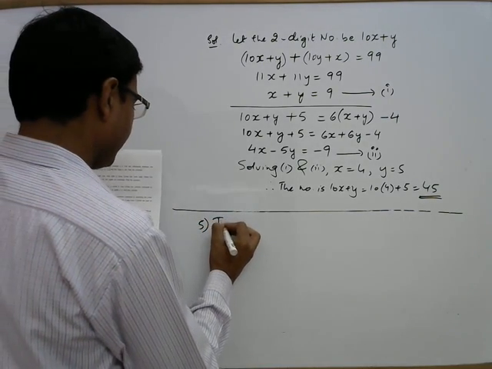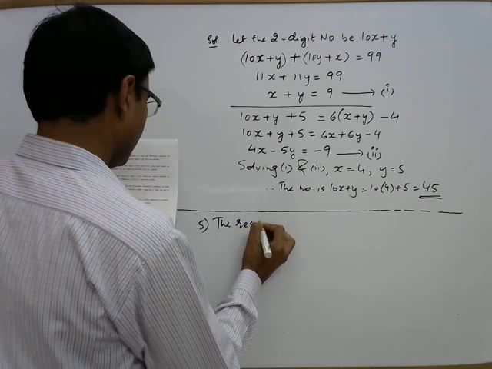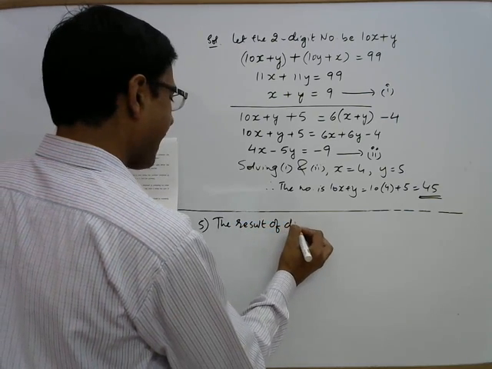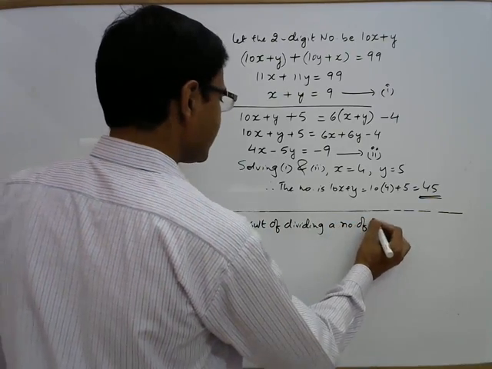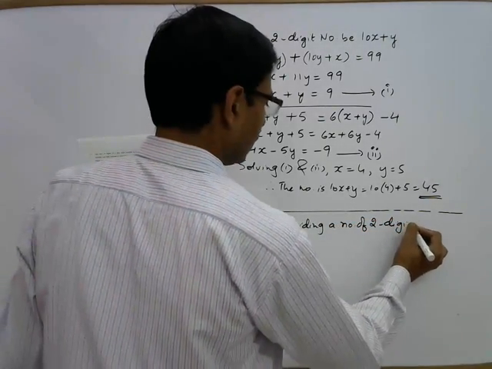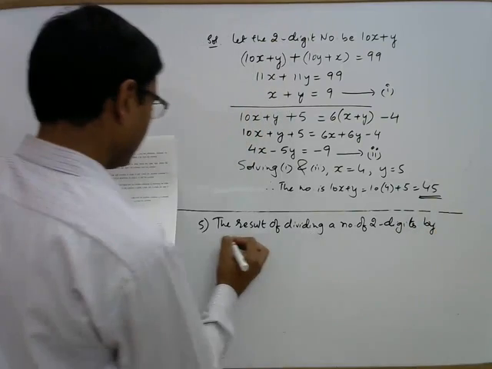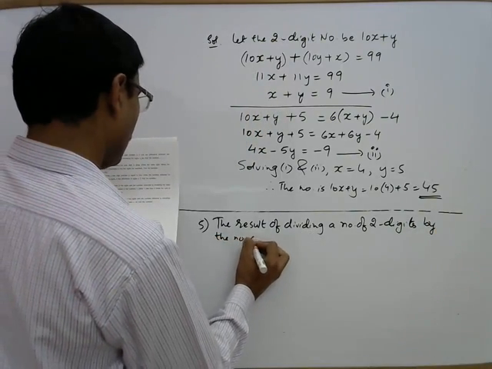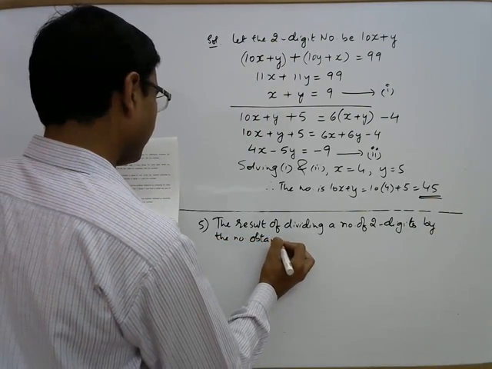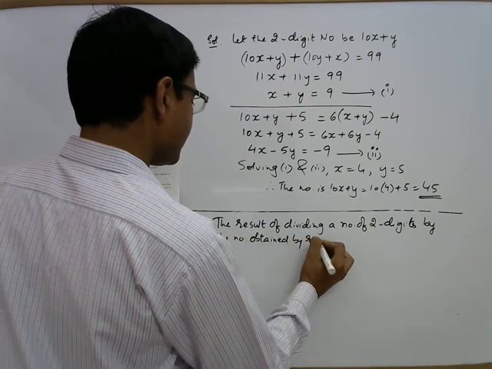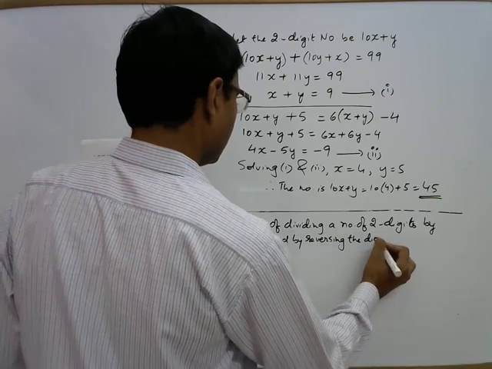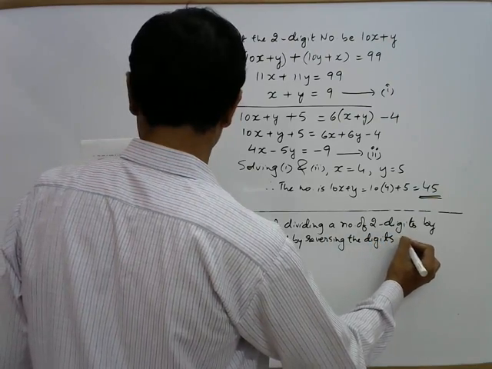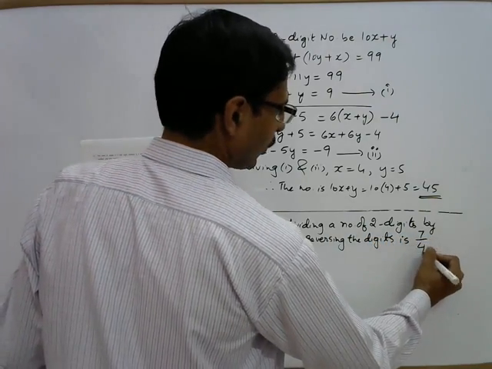The result of dividing a number of two digits by the number obtained by reversing the digits is 7 upon 4.